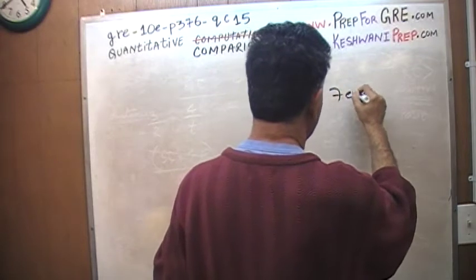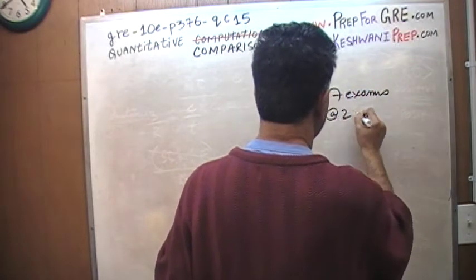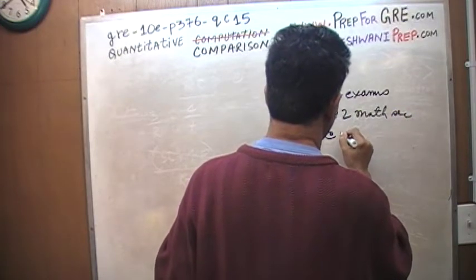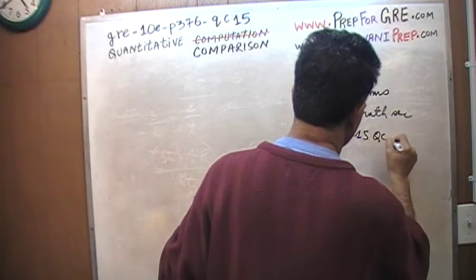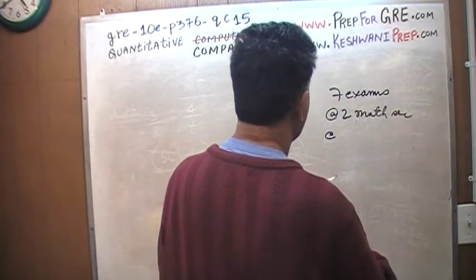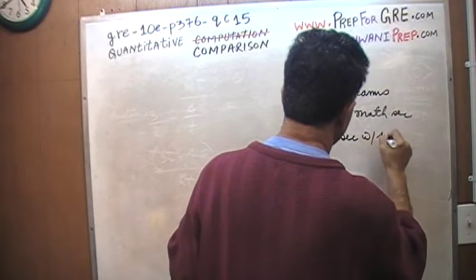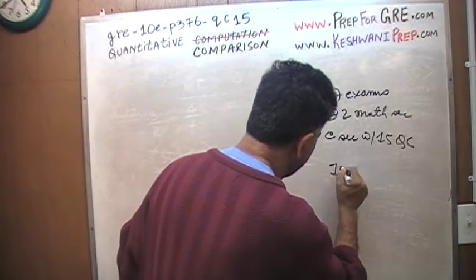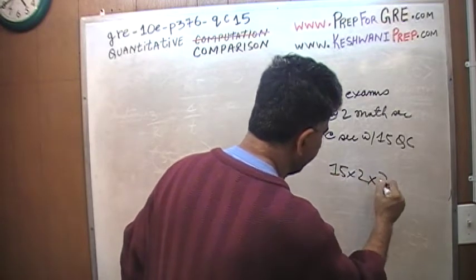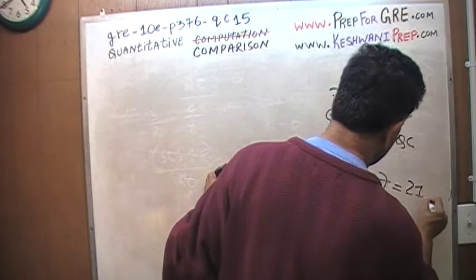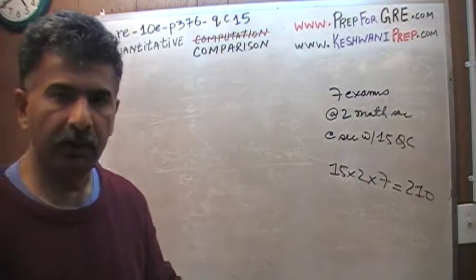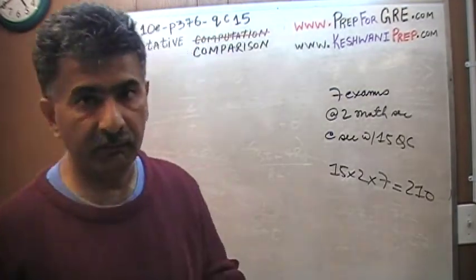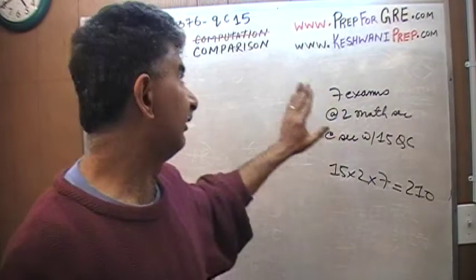So we have 15 times 2 in each exam times 7, so there are 210 quantitative comparison questions, 30 times 7. I have done every single one of them, well 209 to be precise, because we are doing the very last one right now.